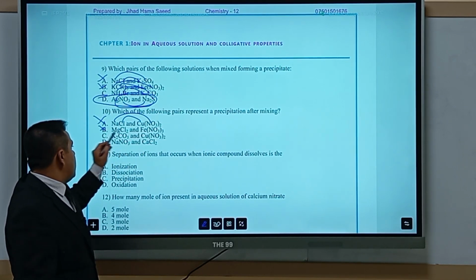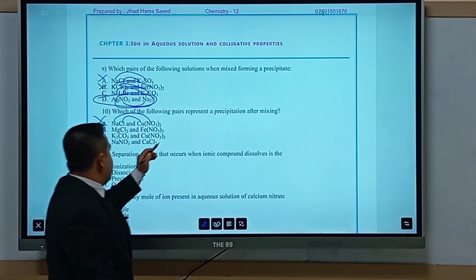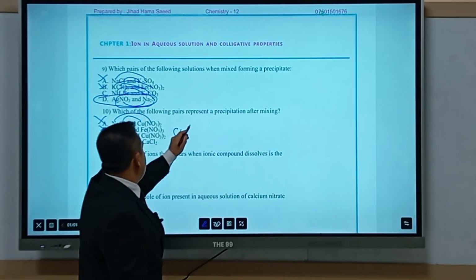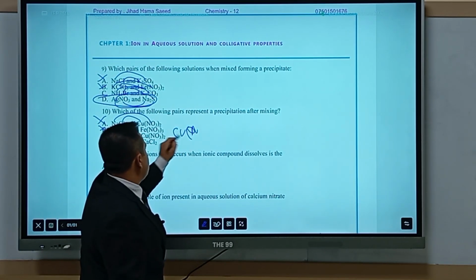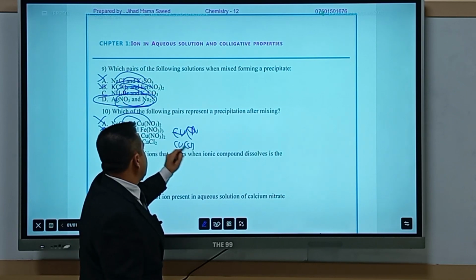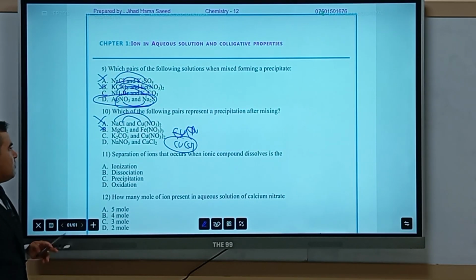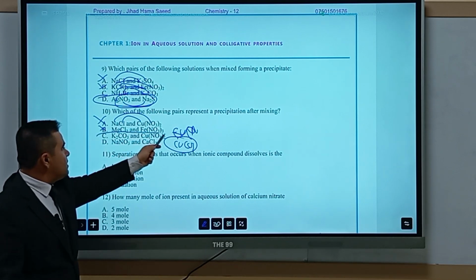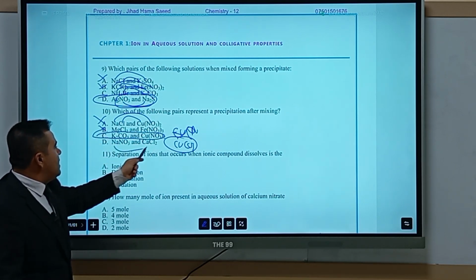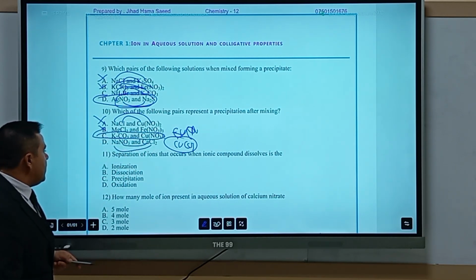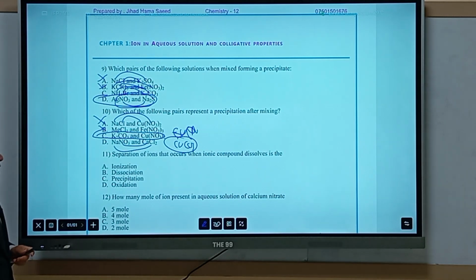KNO3 with CuCO3, this is the formation of copper carbonate, CuCO3. If you remember, carbonates are insoluble except sodium, potassium, ammonium. So C is the correct answer. NaCl and Ca(NO3)2 is soluble.